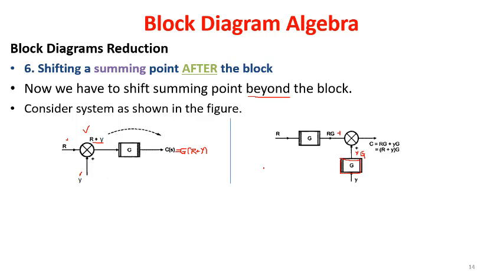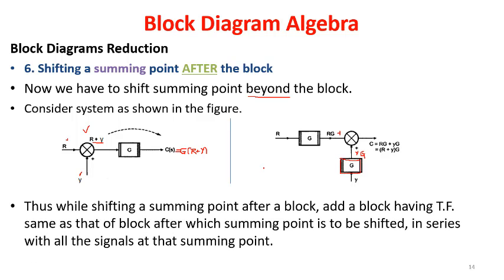So the output remains the same. Hence, while shifting a summing point after a block, we add a block having a transfer function the same as that of the block after which the summing point is shifted. It should be in series with all the signals at that summing point.